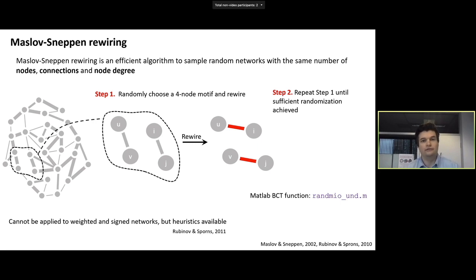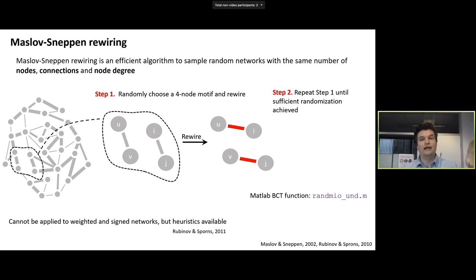So U is connected to V and I to J. And we then rewire them such that U then connects to I and V connects to J. And we repeat this step again and again. So we keep finding 4 node motifs, such as the one shown here, and rewiring them as such until we reach an adequate level of randomization in our network.